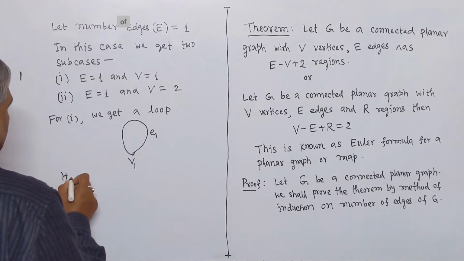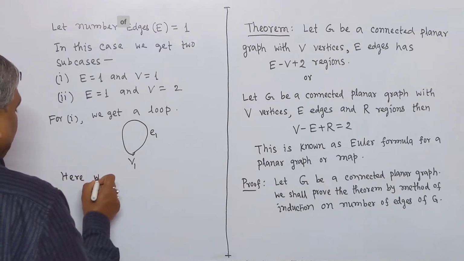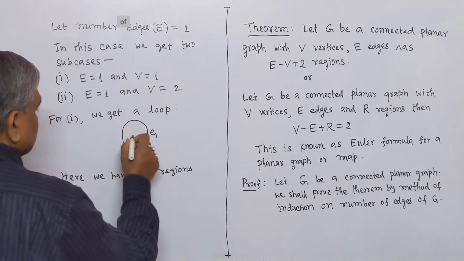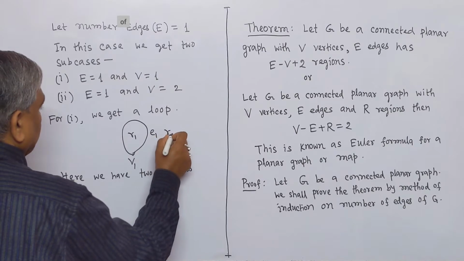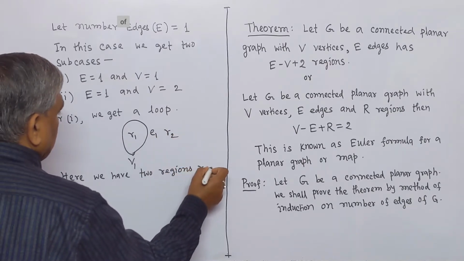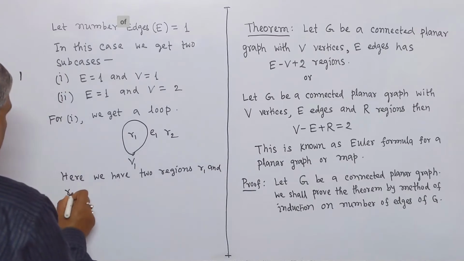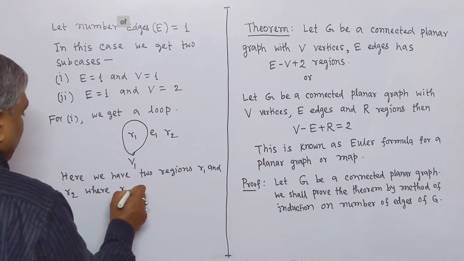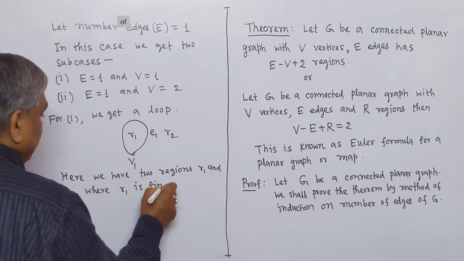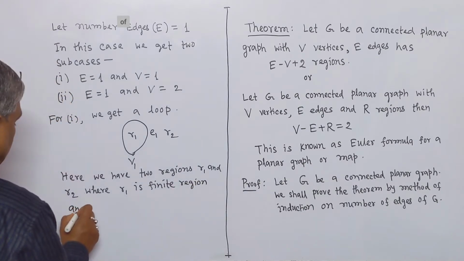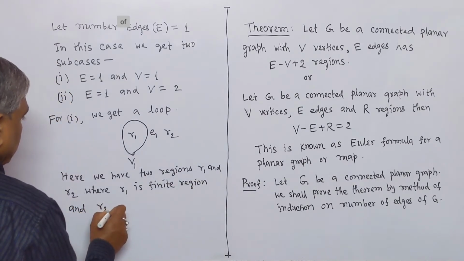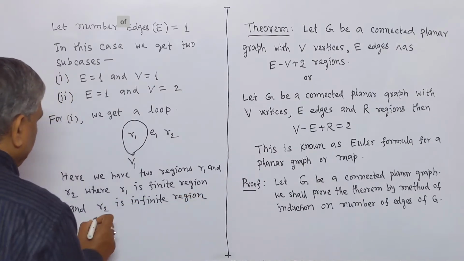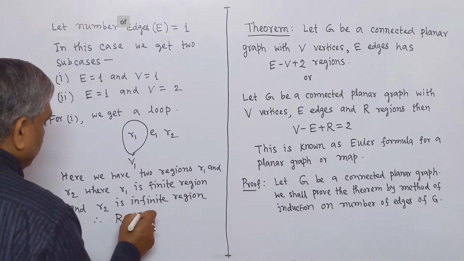Here we have two regions, R1 and R2, where R1 is finite region and R2 is infinite region. Therefore, number of regions are equal to 2.